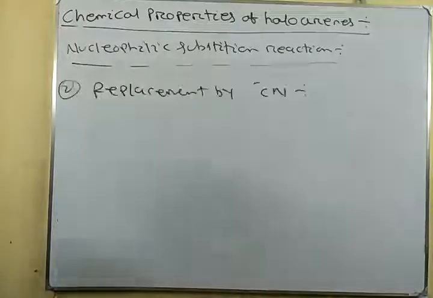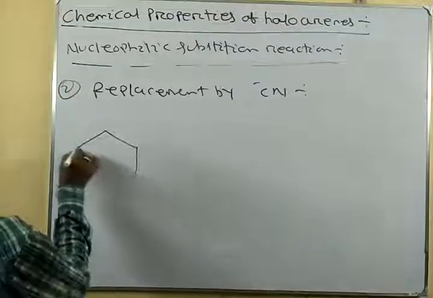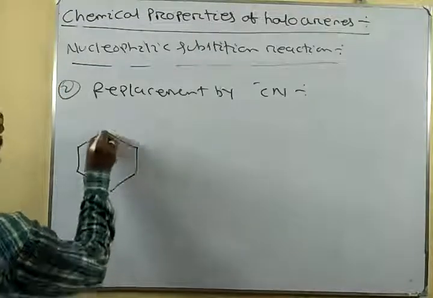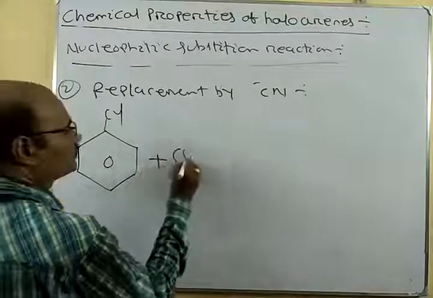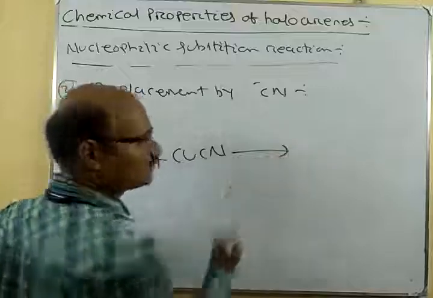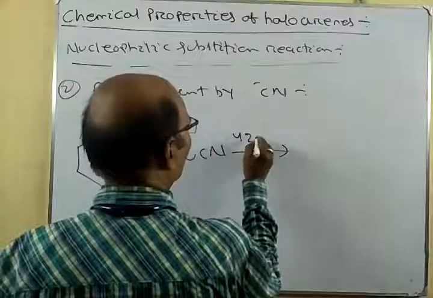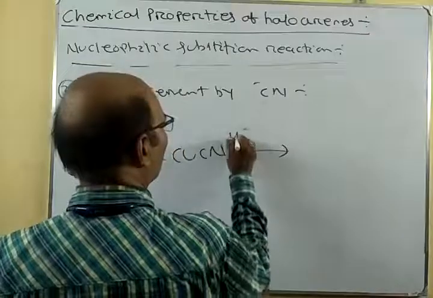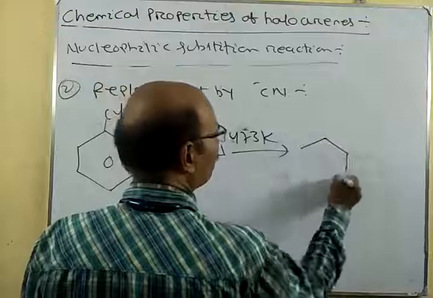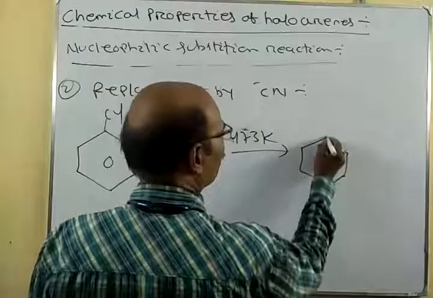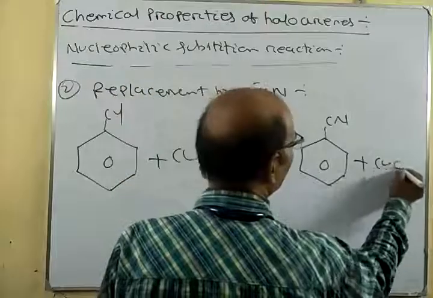Number two, replacement by CN minus. If I take chlorobenzene plus CuCN at 473 Kelvin, we get cyanobenzene plus CuCl.